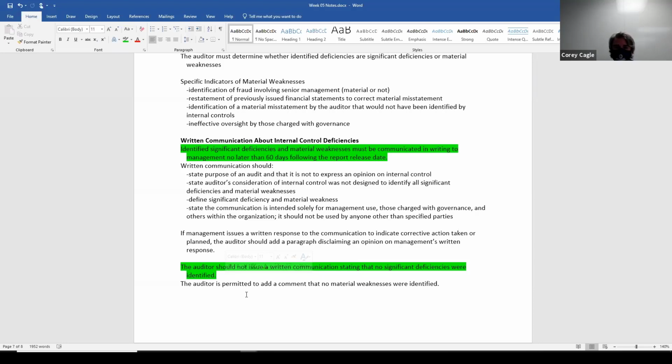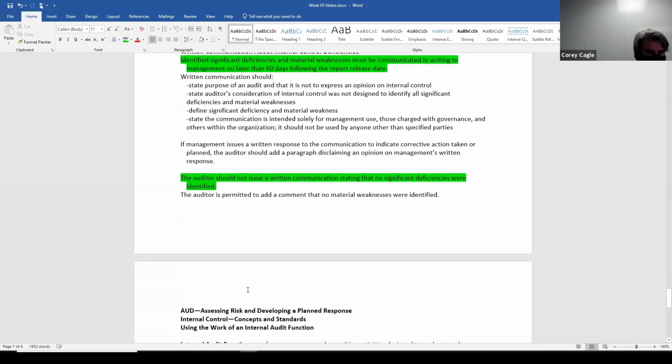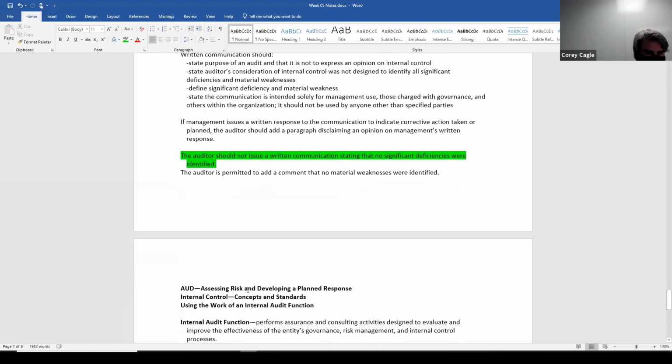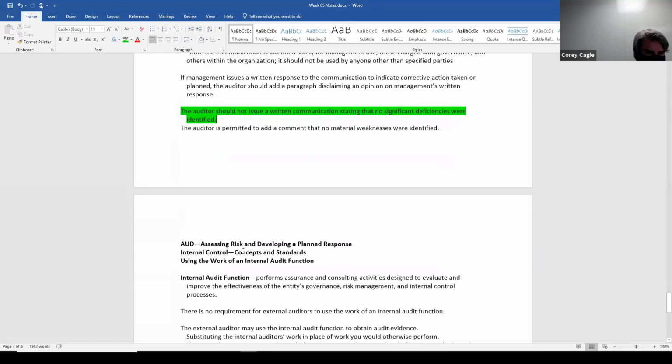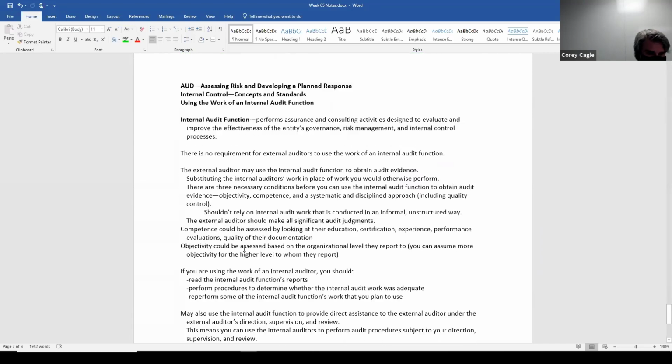So we want to be more clear and say our purpose is not to do this. We weren't trying to identify everything that's possibly there, but here's what we did find along the way. So we want to be very clear, right? And we can say no material weaknesses were identified, but still not the best idea.